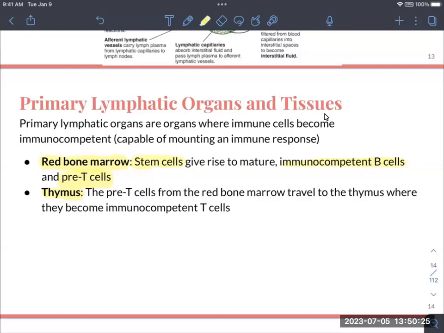They're going to become immunocompetent T cells in the thymus. T for thymus, B for bone marrow. That is where they mature. That's where they differentiate into what types of specific cells they are meant to be. They are labeled based off of where they mature.